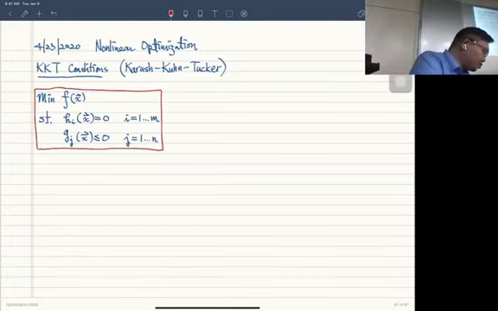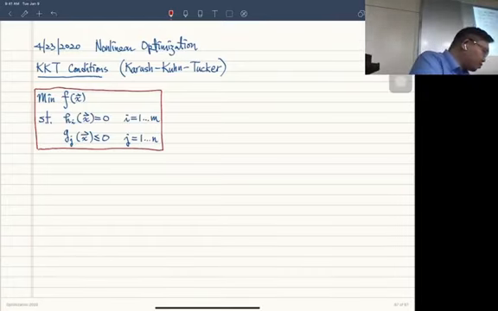Suppose this is a feasible point. This point is satisfying your constraint, but it's not the optimal yet. It's just a feasible point. So when we have this setup, of course, what do we wish?